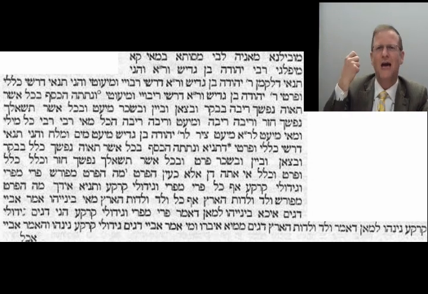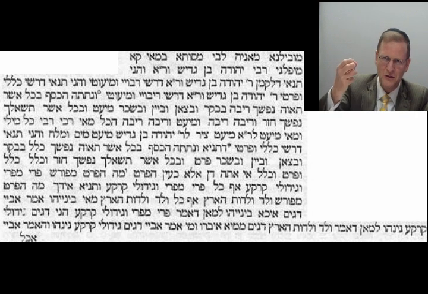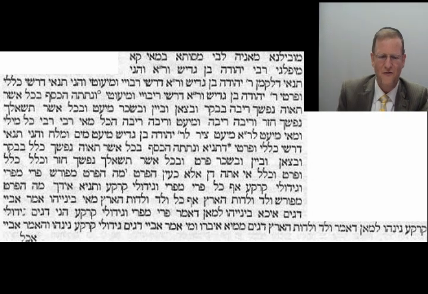You have the sheep, it's from the livestock. So it's the fruit of their mother. The same way as you have a grape or wine, it comes out of what? From the ground, from the earth. Yes, borei pri hagafen, from the vine. So that's one from the other.